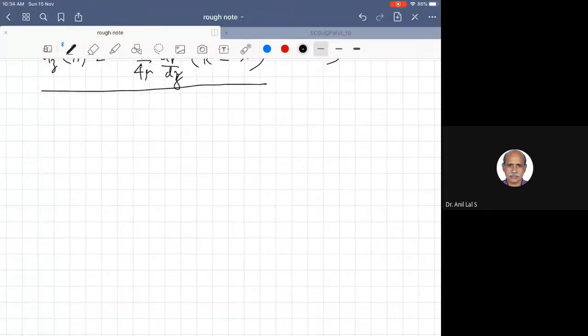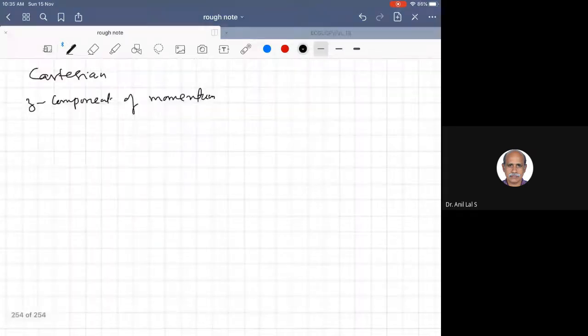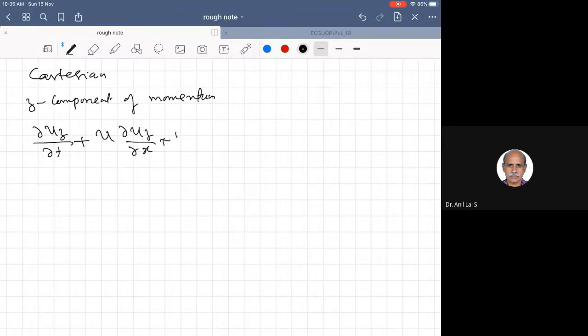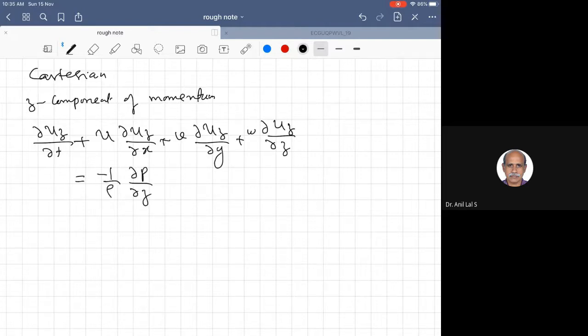So we are using Cartesian, and we write the z component of momentum: dou uz by dou t plus u dou uz by dou x plus v dou uz by dou y plus w dou uz by dou z is equal to minus dou p by dou z plus mu into dou squared uz by dou x squared plus dou squared uz by dou y squared.